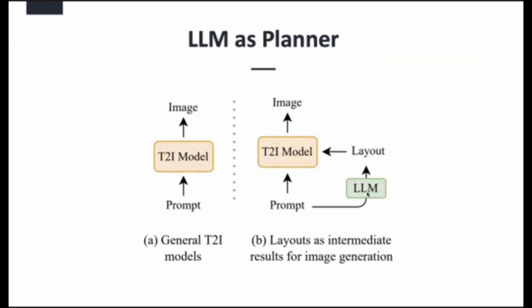But with large language models, we can first utilize it to generate the spatial layout, for example, bounding boxes of different objects. And then we utilize a bounding box conditioned text to image model to generate the final image.